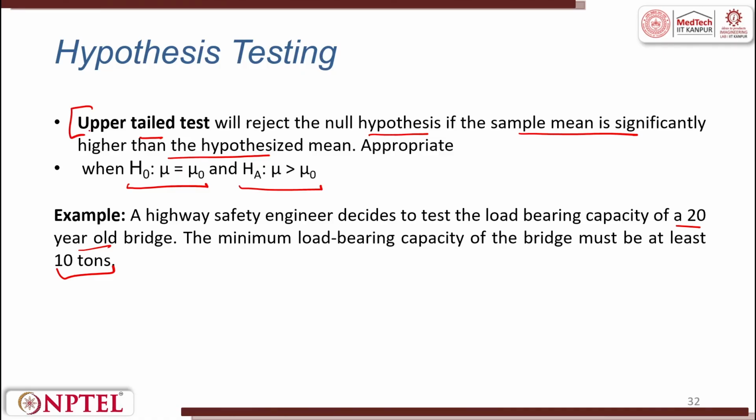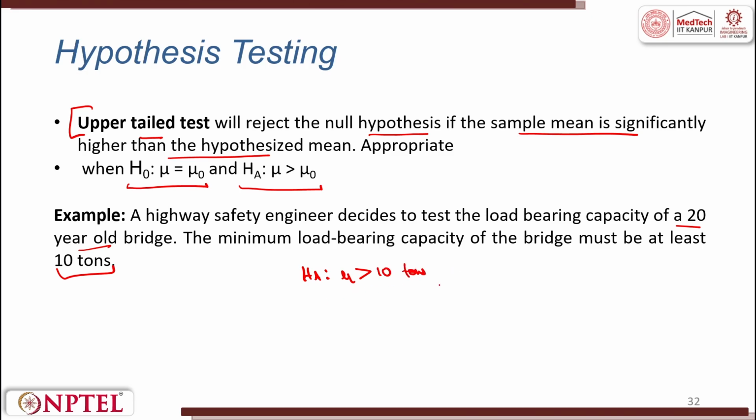Previous one was the bulb life should be more than 500 hours. If it should be more than 500 hours, less than 500 hours is the alternative. Here it is the bridge design. If it is 10 tons minimum load bearing capacity, here alternative hypothesis based upon the upper tail test would be H alternative is mu greater than 10 tons.